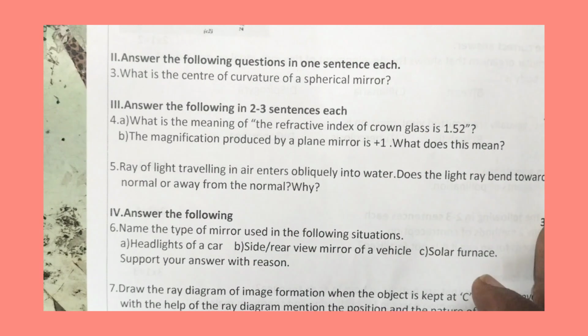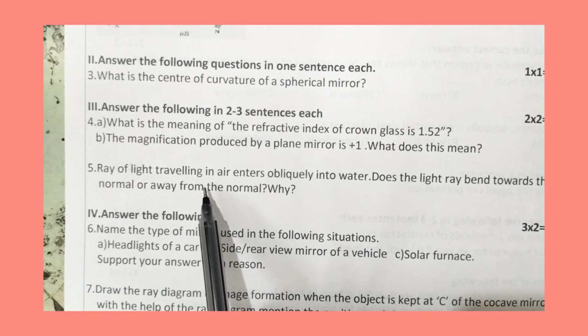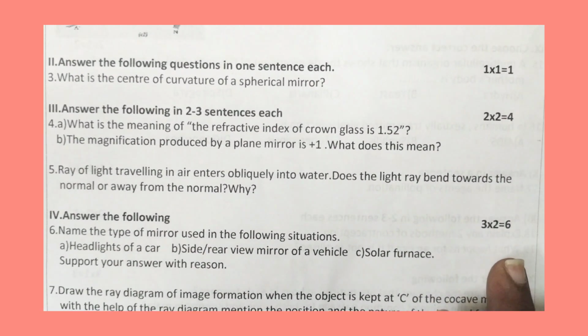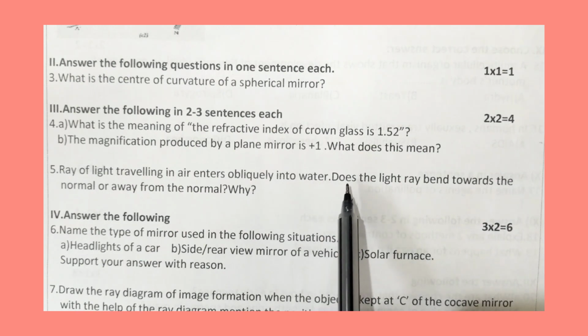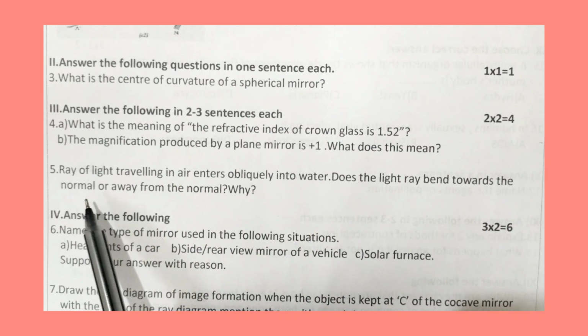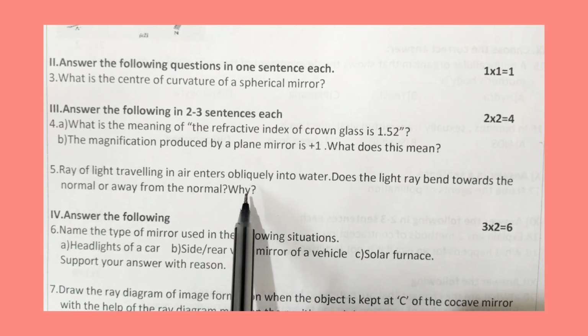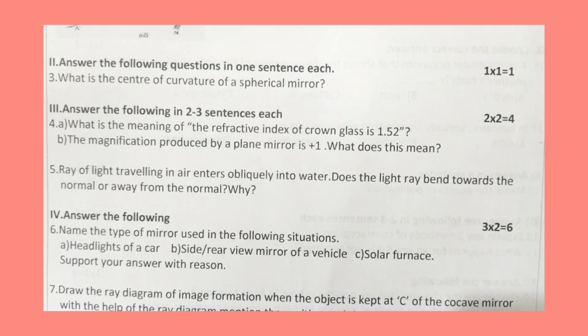Now let us move to the fifth question. A ray of light traveling in air enters obliquely into water. Does the light ray bend towards the normal or away from the normal? Why? The light ray is entering from air to water. Air is a rarer medium and water is a denser medium.